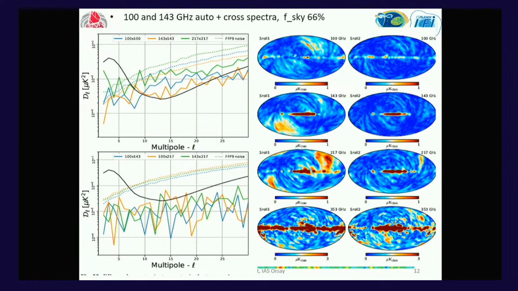For another illustration, this is the spectrum with the parameters found by Planck, and when you do the cross spectra or the power spectra, you see that cross 100, 143, 143, or 217 are here.